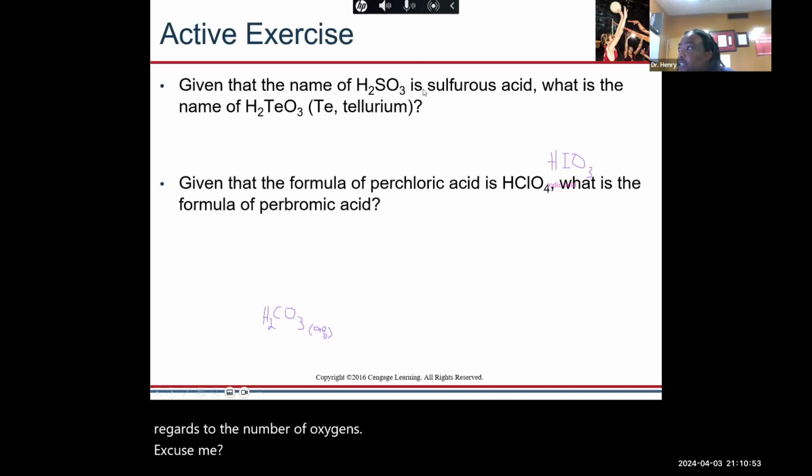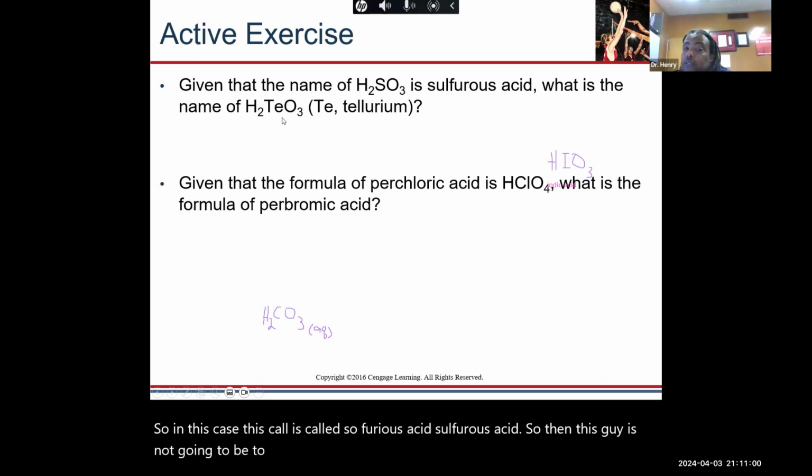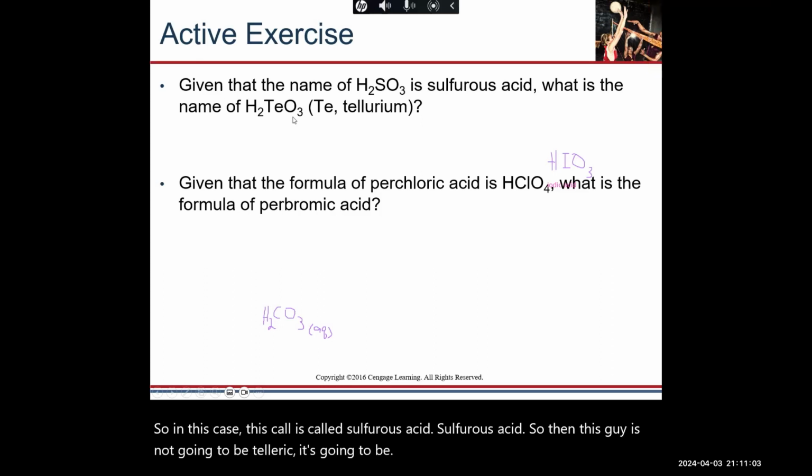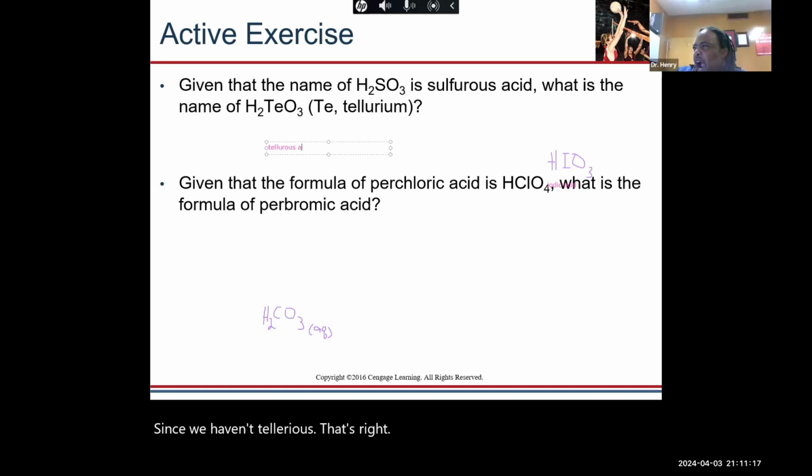So in this case, this is called sulfurous acid. So then this guy is not going to be telluric. Since we have tellurious, tellurious. That's right. Tellurious acid.